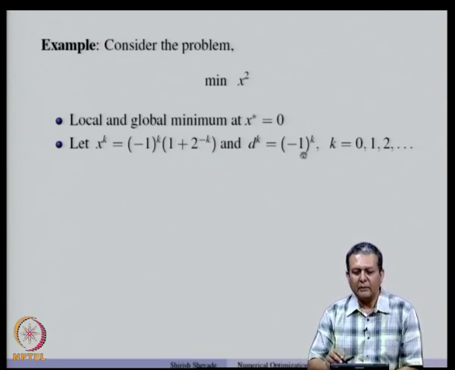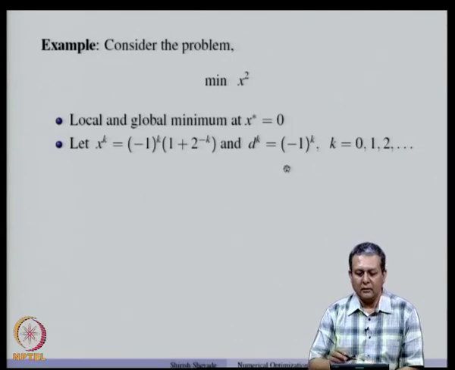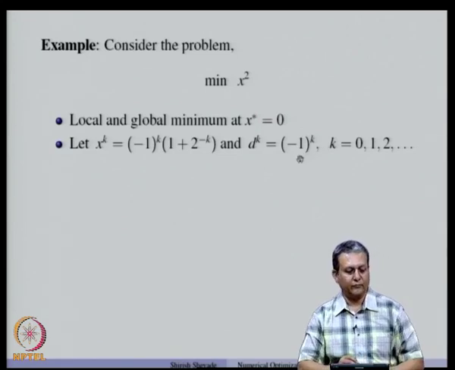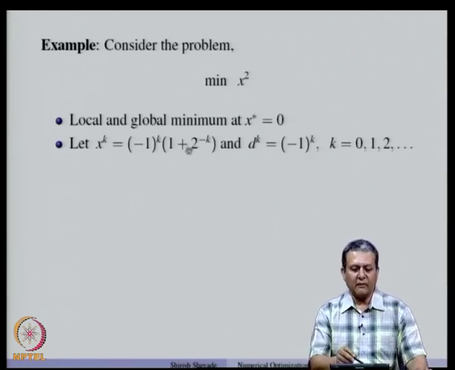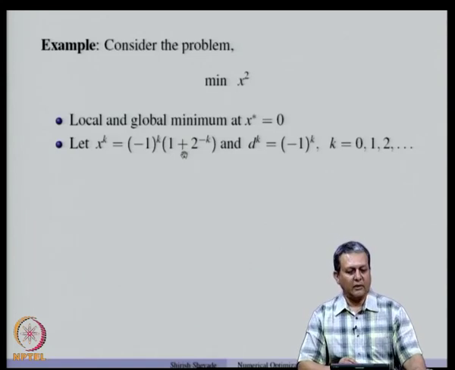Remember that this is a one dimensional optimization problem. So, dk will take the value either plus 1 or minus 1. So, one either moves in the right direction or in the left direction. Suppose this is the sequence which is generated by an optimization algorithm.